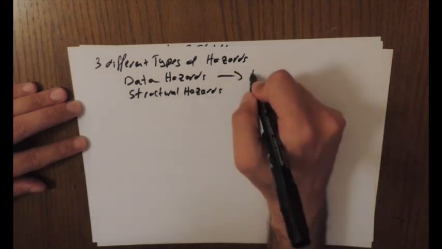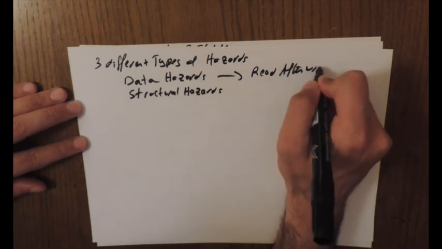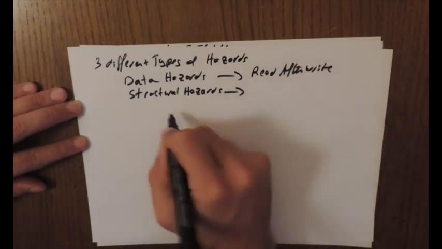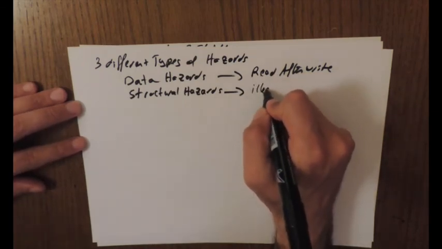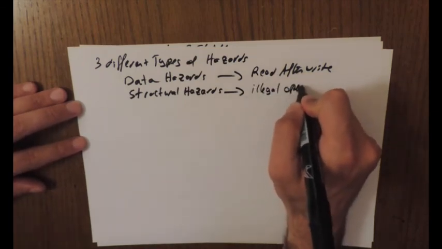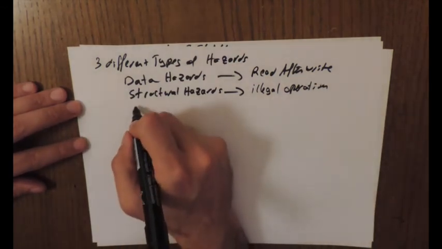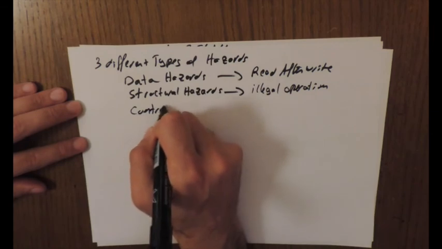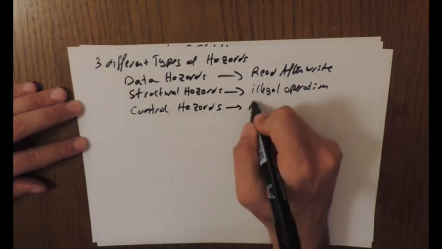This comes from read after write. Then we have also structural hazard. This comes from illegal operations. We're not going to discuss this in this lecture. And we have also control hazards. Control hazards happen resulting from a branch.